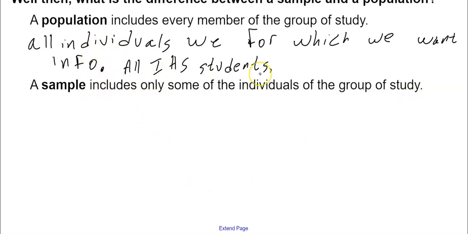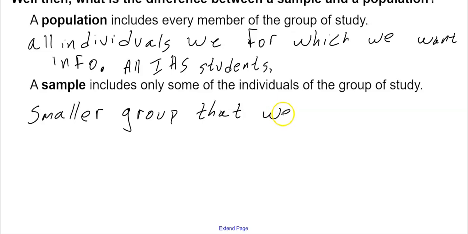So like if I got all IHS students, that's a relatively small population. I could talk to all IHS students. However, I could not realistically talk to every single American. There are 340 million Americans, so I would have to do a sample of those. This is a smaller group from a population that we can realistically reach.